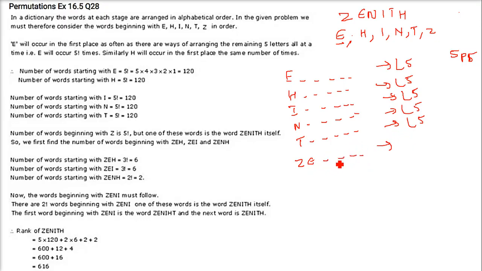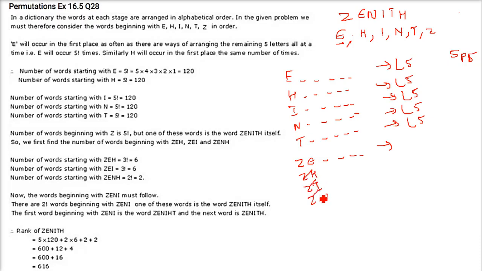Now Z has come. First this Z is going to come. What about this Z, E? We can have Z E, then Z H, then Z I, then Z N. So are we going to go to this point?